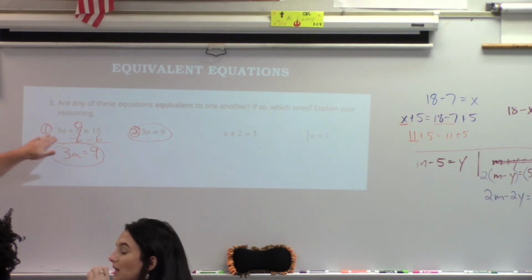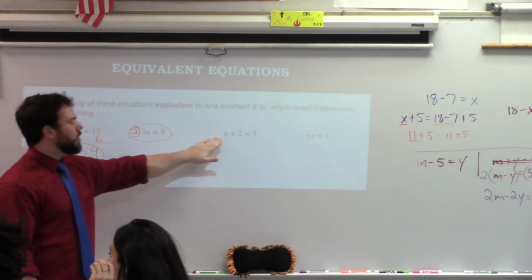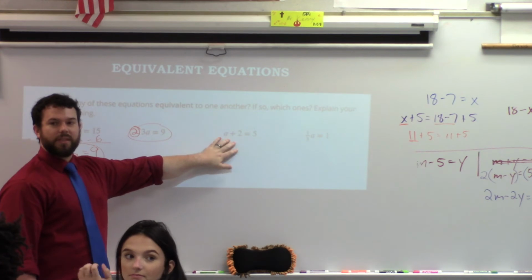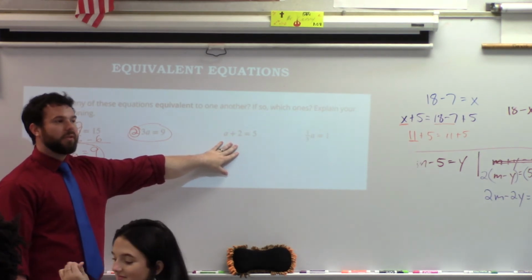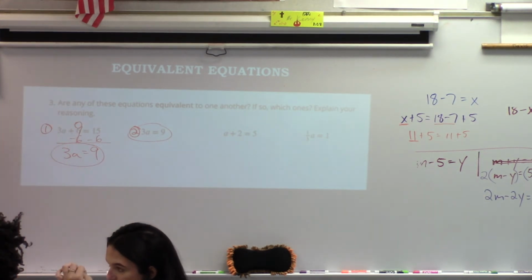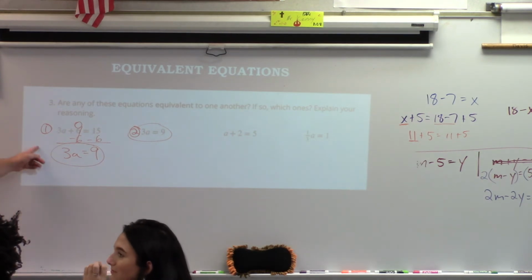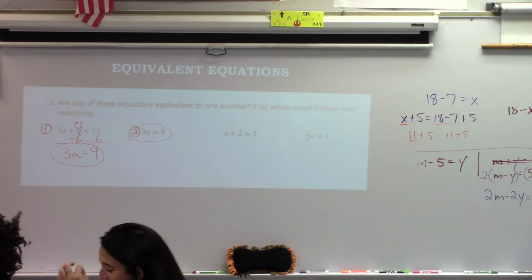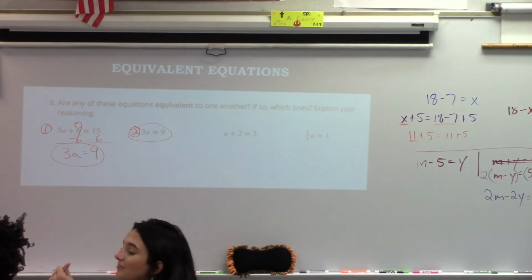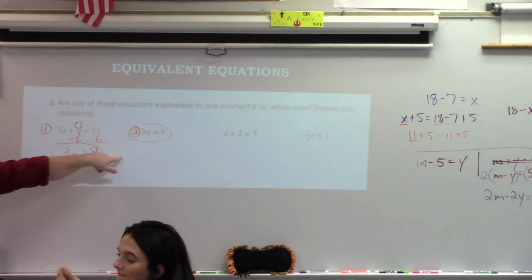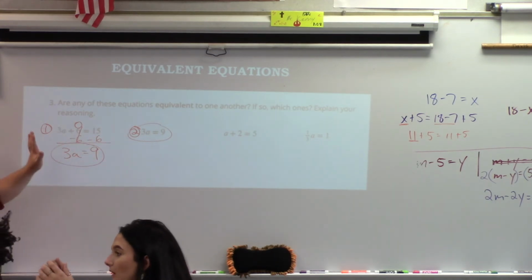So, does anyone see any of these equations up here that I could use to maybe figure out how this equation is equivalent? Would I use the first one, the second, or the fourth? The first, well, the first and the second, so one of those. Okay, so the first and second are already equivalent, right? So if I'm equivalent to one of them, I'm equivalent to both of them.